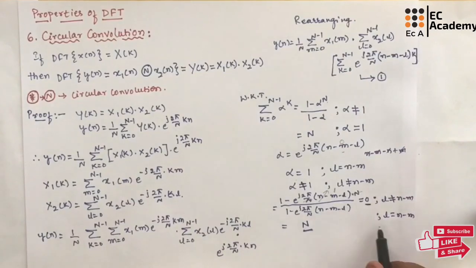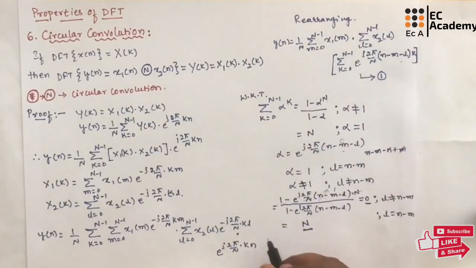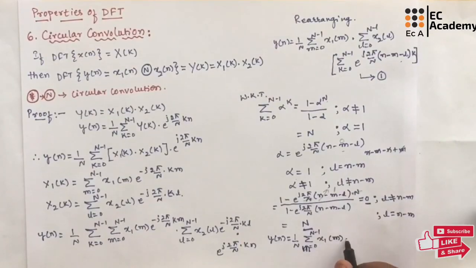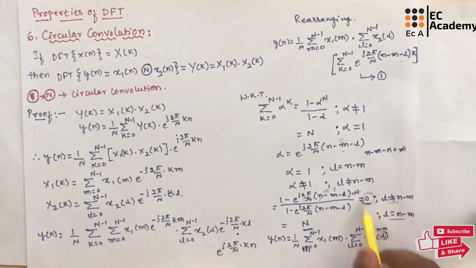So we will take this value in place of this term, and we can write the above equation as y of n is equal to 1 by n summation of m is equal to 0 to n minus 1 x1 of m into summation of L is equal to 0 to n minus 1 x2 of L. In place of L you can write n minus m, because we are taking the value for L as n minus m. If we take other values for L, it will be equal to 0.